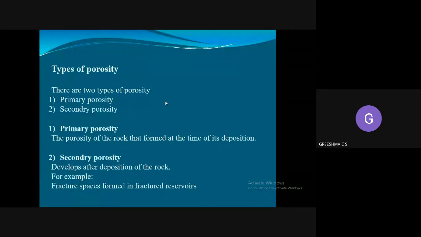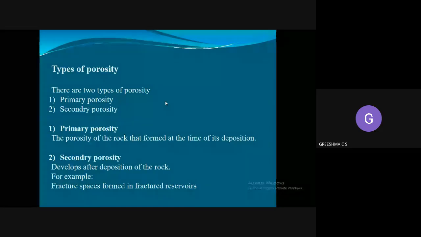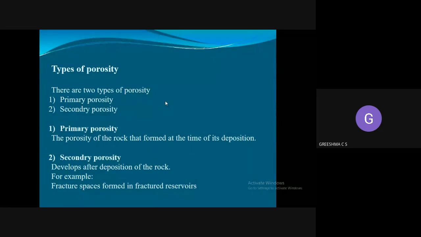Secondary porosity is the porosity which occurs after the deposition of the rock. During weathering, the weathered particles are deposited, and after years these particles form into rocks. The porosity which occurs then is called secondary porosity. That is, after the deposition of the rock, if porosity occurs, it is called secondary porosity.